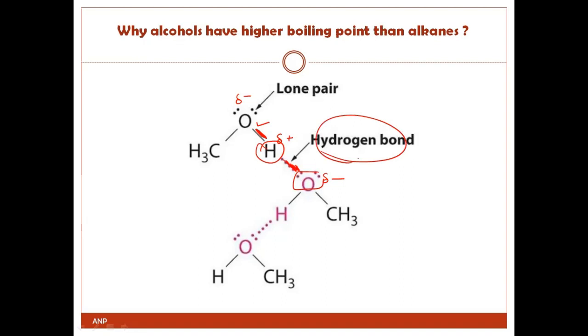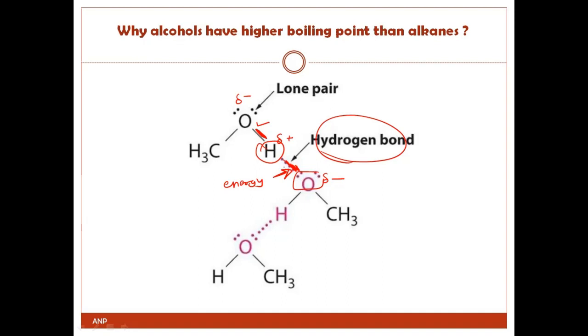The reason that alcohols have higher boiling points is that a large amount of energy in the form of heat is required to overcome these attractive forces, or to break the hydrogen bonding.